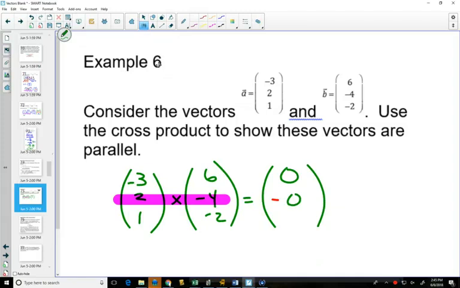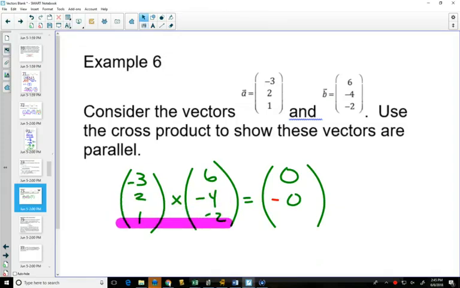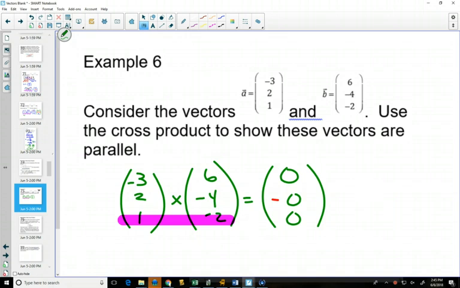And 12 minus 12, 0. Okay? And yes, you don't need that negative there, but it does make the 0 vector. And because of that, since the cross product is equal to the 0 vector, we know that these two vectors are parallel.